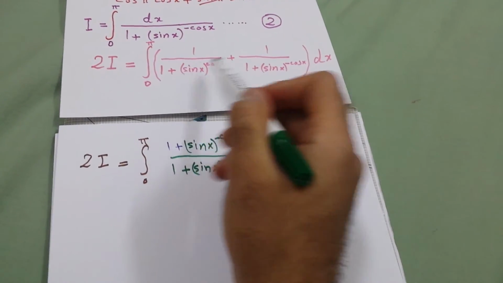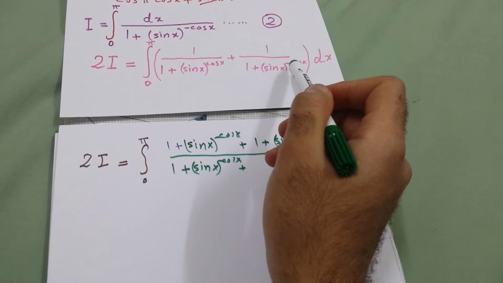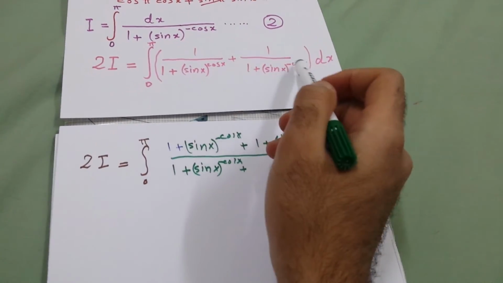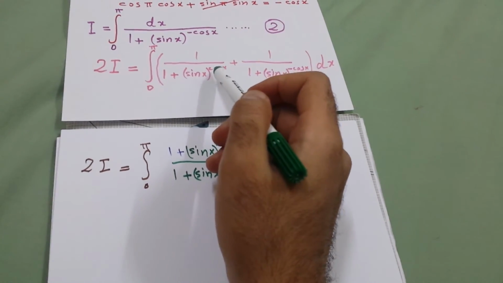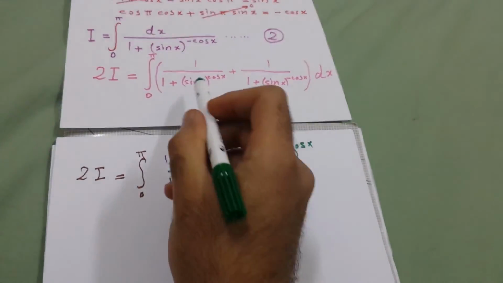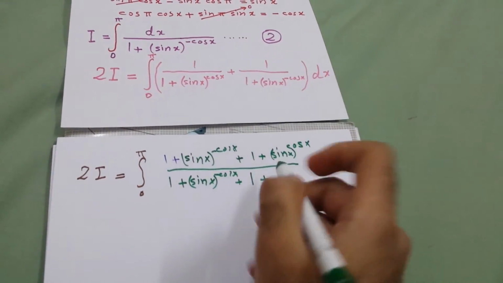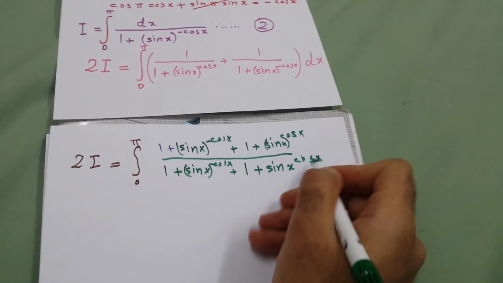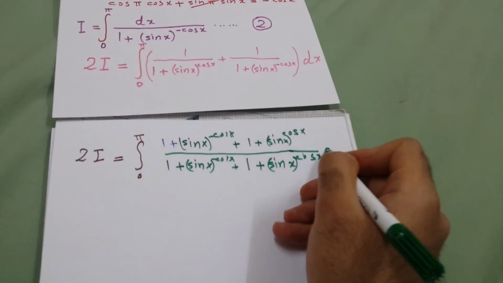We have same base, different powers, so we will add the powers. Minus cosine plus cosine, it will be 0. Sine to the power 0 is 1, plus sine to the power cosine times 1, it will be sine to the power cosine, and all dx.